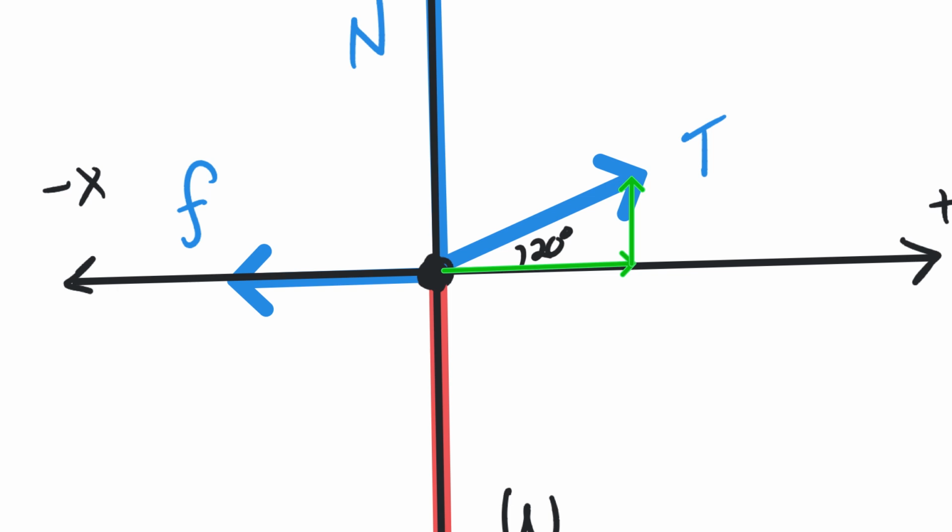Without doing a lot of explanation, I think this is going to be T sine 20 degrees, and this will be T cosine 20 degrees. Do I need to do more explanation than that?